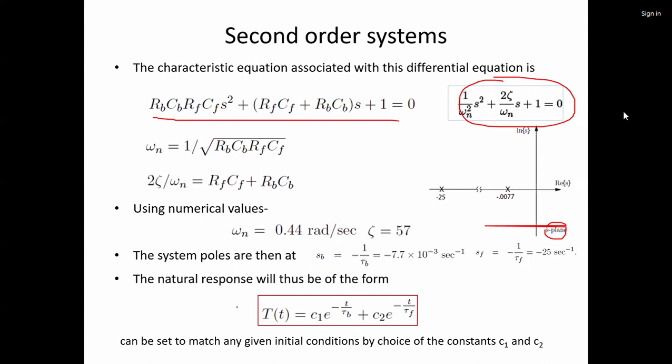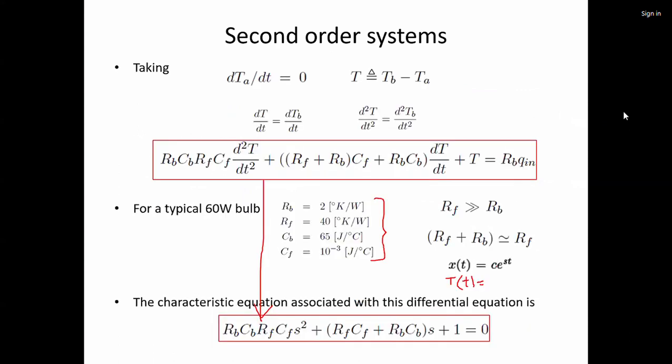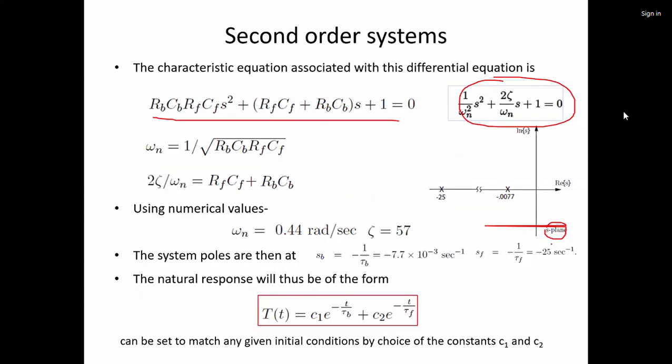The natural frequency of the system, which is basically the solution to this equation, is e to the power st. But here you have two values of s: one value of s is here, and the other value of s is there. So this s is minus 1 over tau b, and this is minus 1 over tau f.